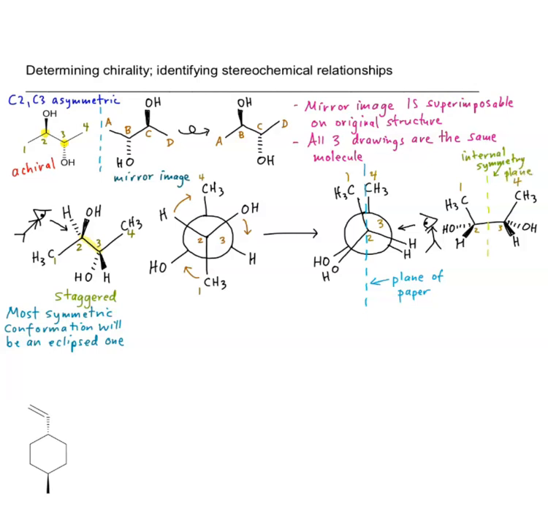And so what we have here is what's called a meso compound. We'll look at meso compounds in a little more detail a bit later. But for now, we can define a meso compound as an achiral molecule, like this one, that has asymmetric carbons.